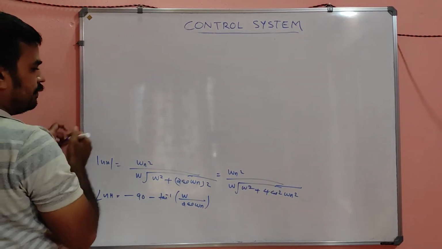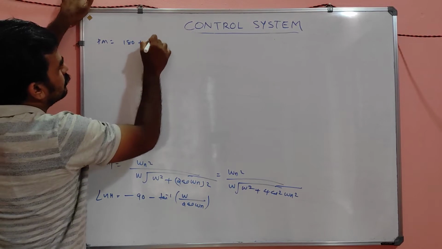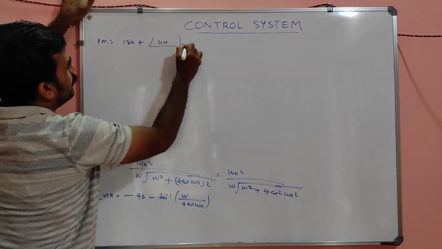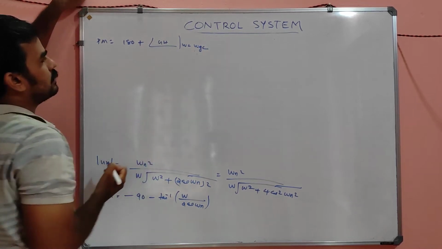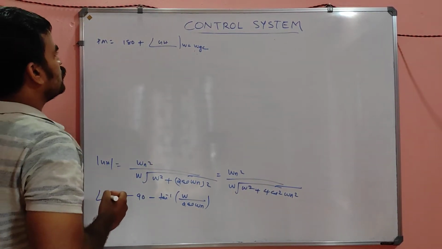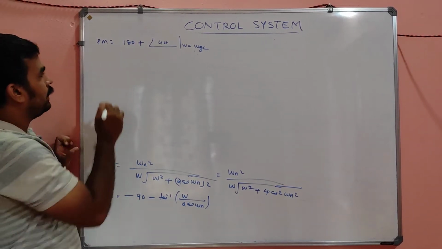Listen, what is phase margin, my dear? Phase margin equation: 180 plus angle of GH at omega equal to omega GC, the gain crossover frequency. That's the phase margin. Substitute this angle in this equation.